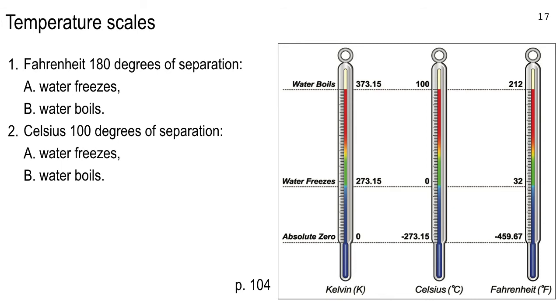Up here, the boiling point of water in the Celsius system is 100 degrees Celsius, and the freezing point is 0 Celsius. And that's why the ratio between Celsius degrees and Fahrenheit degrees is 5/9, 100/180, 5/9, or 9/5 the other way.